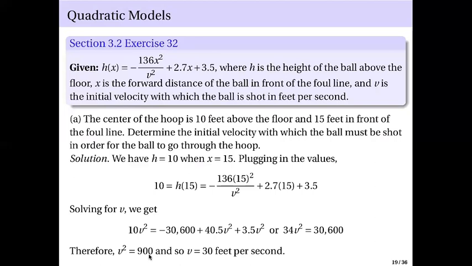Okay? In fact, this has two possible values. You have either positive 30 or negative 30. But in here, believe me that this is your positive side. Okay? This is the positive side.